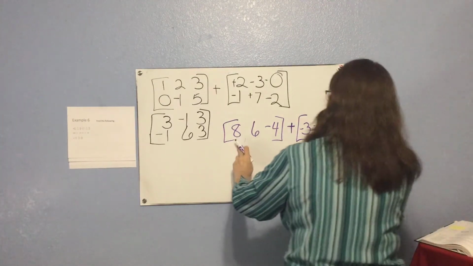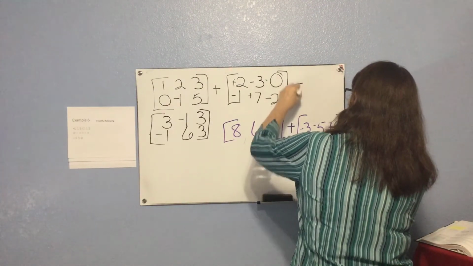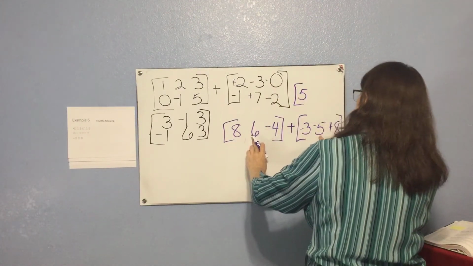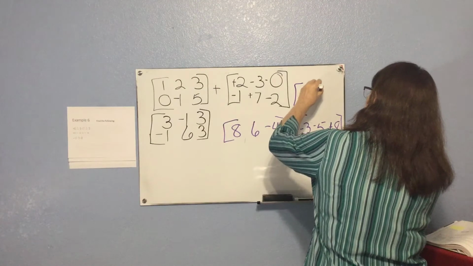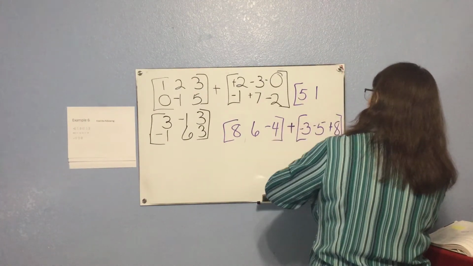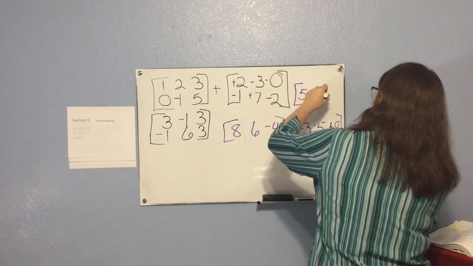And I have 8 minus 3 gives me 5. 6 minus 5 is 1. And -4 plus 8 would be 4.